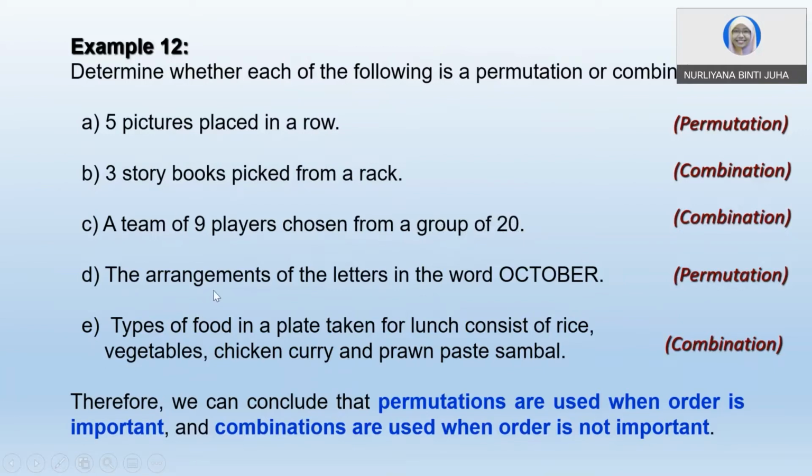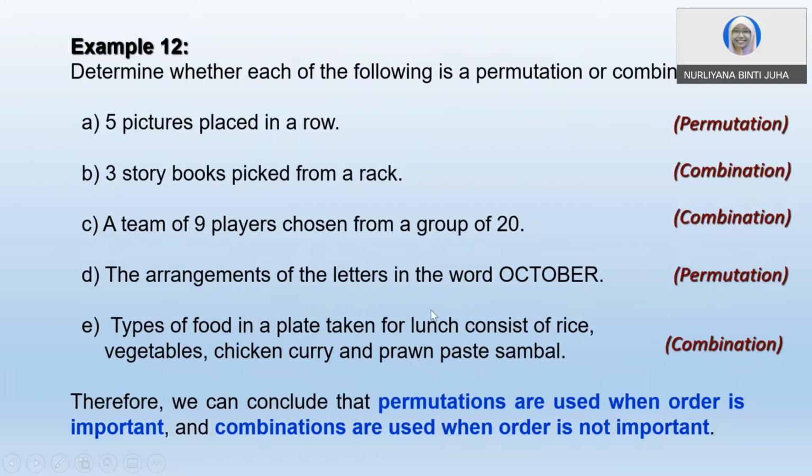Okay, D, the arrangements of the letters in the word October. So dekat sini it is clearly stated that arrangements, ada word arrangements dekat situ. So this is permutation. And for E, the types of food in a plate taken for lunch consists of rice, veggie, chicken curry and prawn paste sambal.